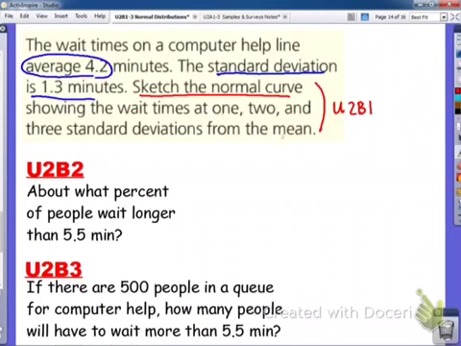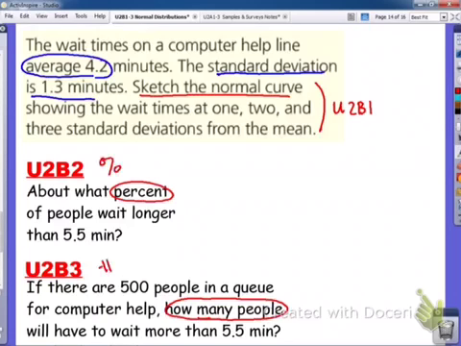Then, after we get done sketching it, we're going to ask ourselves what percent of the people wait longer than 5.5 minutes. And then what we're really focusing in here today on this lesson is how many people. So this is about percentages.